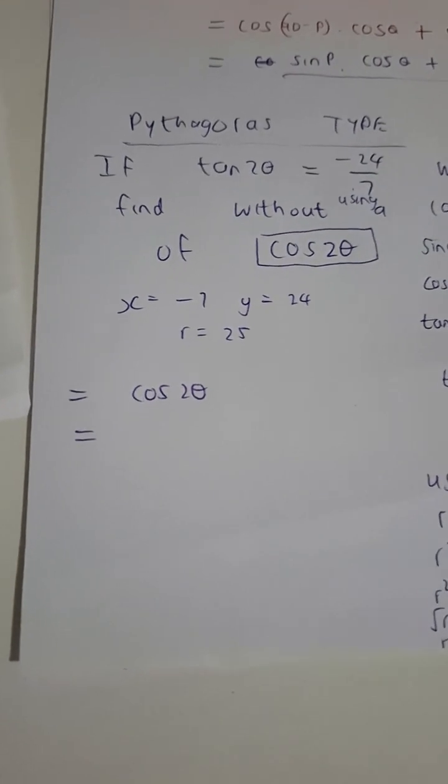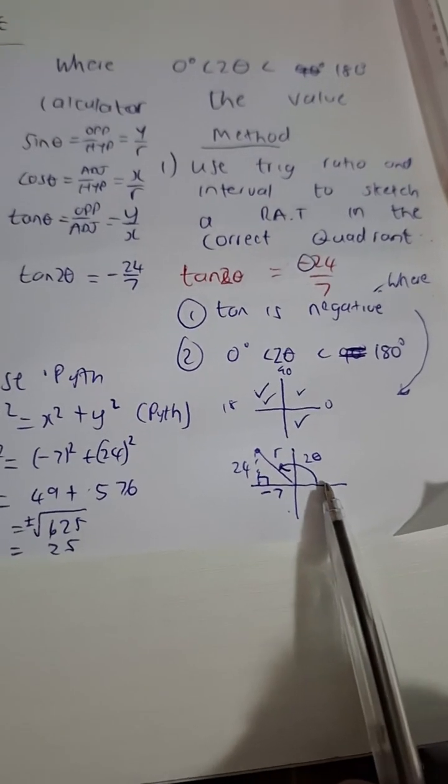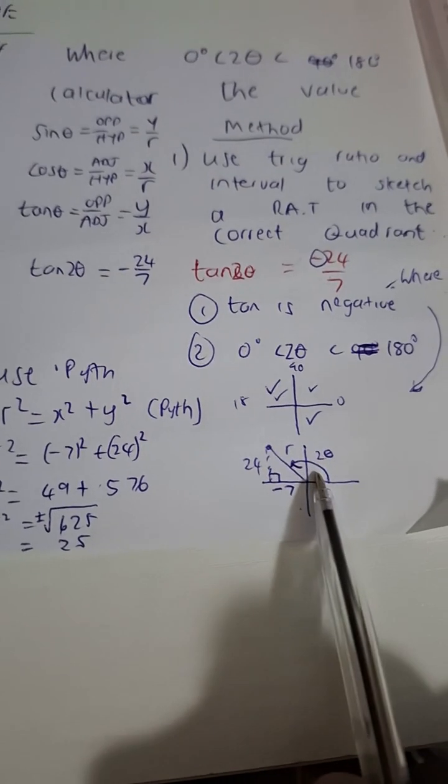What is cos 2 theta equal to according to our diagram? Cos 2 theta, because we already have the double angle here, right? So we're going to say cos 2 theta.